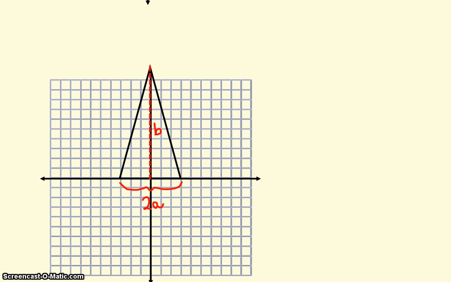If I do this, the ordered pair for my vertex is going to be 0, comma, b. Went over 0, up b units. Since the base is 2a, the ordered pair on the right end is going to be 1a, comma, 0, and the ordered pair on the left end is going to be negative 1a, comma 0.